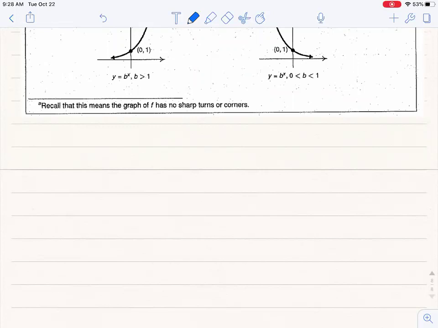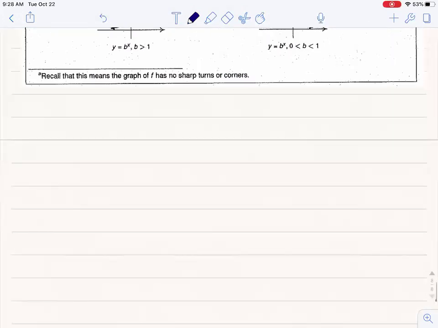Base 2 is mostly for computer science, when you've got binary things, zeros and ones, so they deal with base 2 exponential functions a lot. But for the rest of us, we deal with base 10 and base e. Those are going to be our go-to exponential functions.